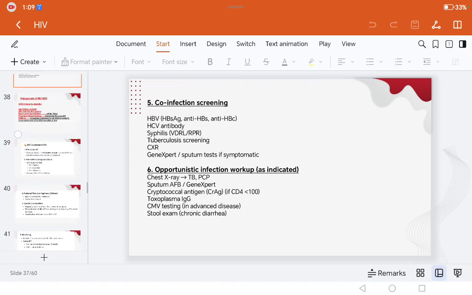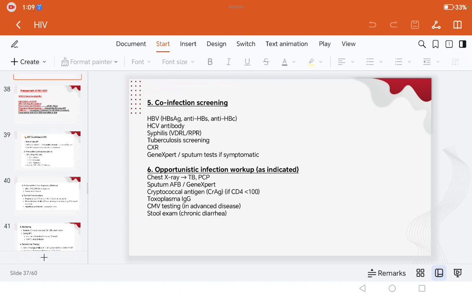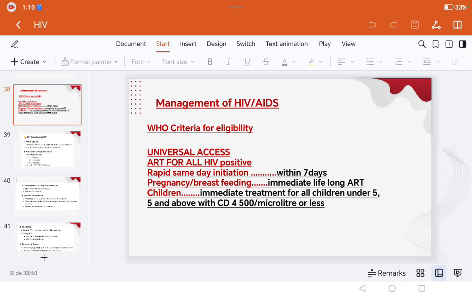Then co-infection screening for hepatitis B virus, hepatitis C virus, syphilis, tuberculosis, and chest X-ray and GeneXpert testing are done. So the opportunistic infections, as the symptoms indicate, can be tested for tuberculosis, cryptococcal infection, toxoplasmosis, cytomegalovirus, and for chronic diarrhea stool examination is done.